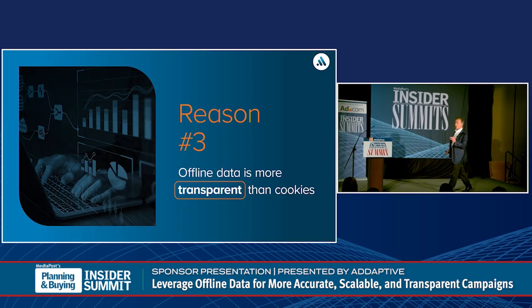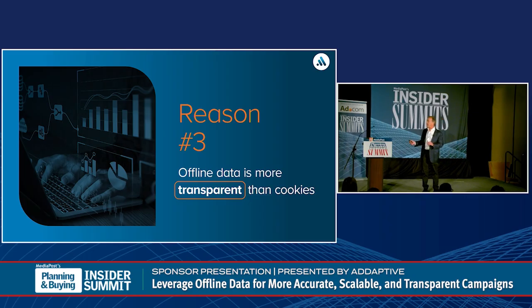The third reason why offline data works better than cookies is it gives us the ability to generate detailed, transparent reports for every campaign that we run without charging you a SaaS fee.